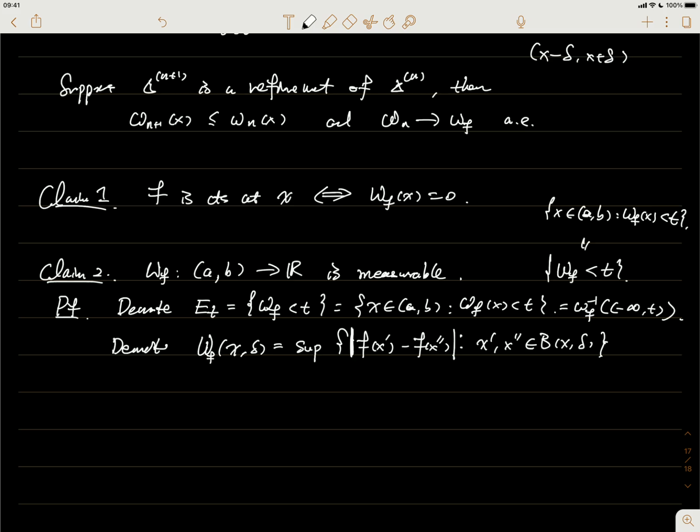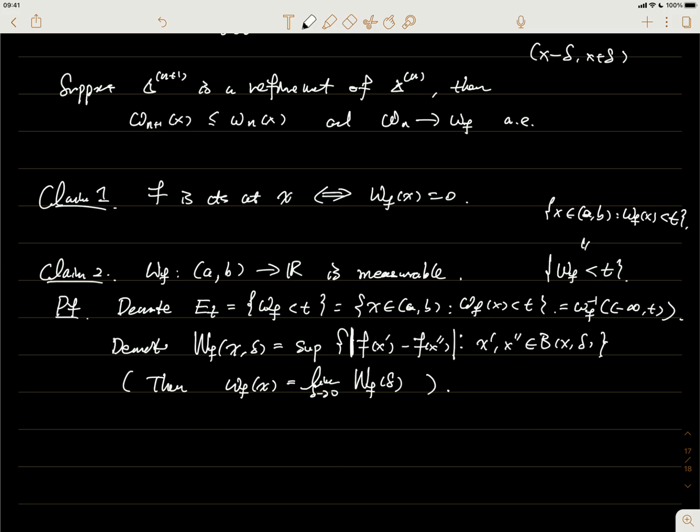I use the little f here, so it's capital W_f, defined this way. So you can see that the little Wf of x is just the limit, as delta goes to 0, of capital W_f(x, delta).